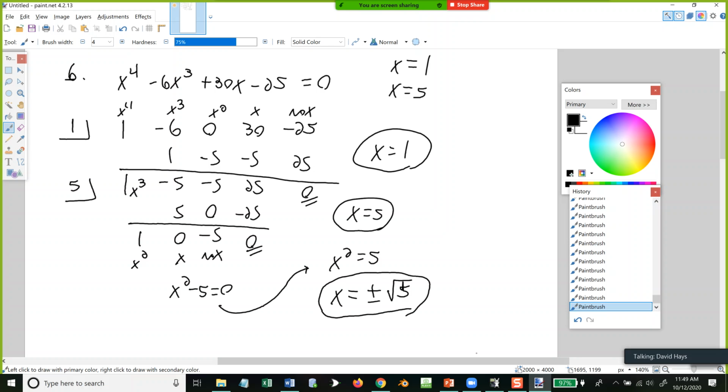The reason they would not change to a fraction is, again, they are radical answers. One was a negative square root of 5, and one was a positive square root of 5. Questions on the square root property?